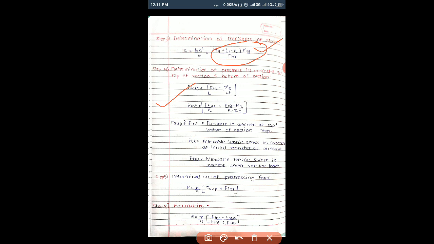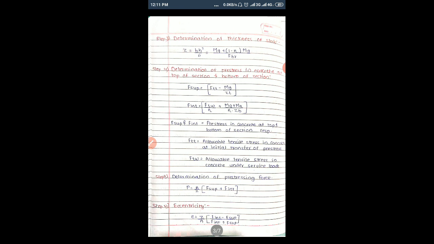Now we have calculated stresses in step number 2, top and bottom fiber. So now calculate the amount of pre-stressing force at top and at bottom. This is the formula for calculation of pre-stress in concrete at top and bottom of the sections.